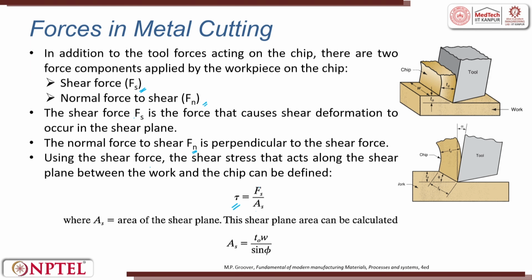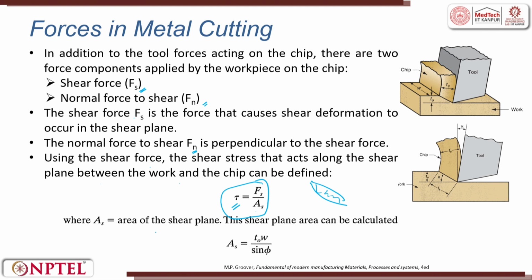So, tau is nothing but Fs by As. Fs is the shear force and As is the shear area. So, the shear stress that acts along the shear plane between the work and the chip can be defined as tau is equal to Fs by As.